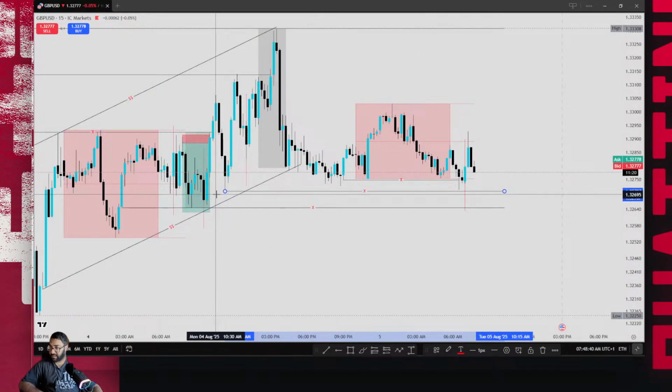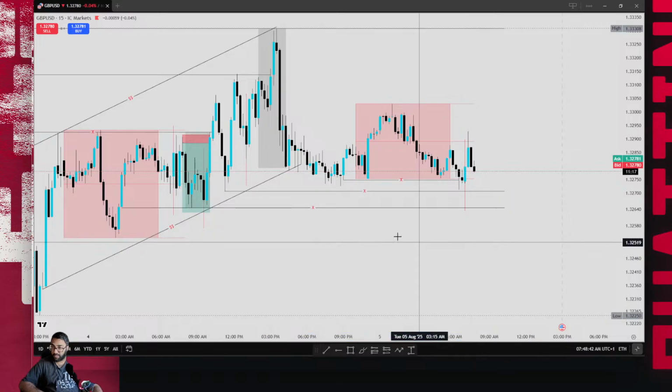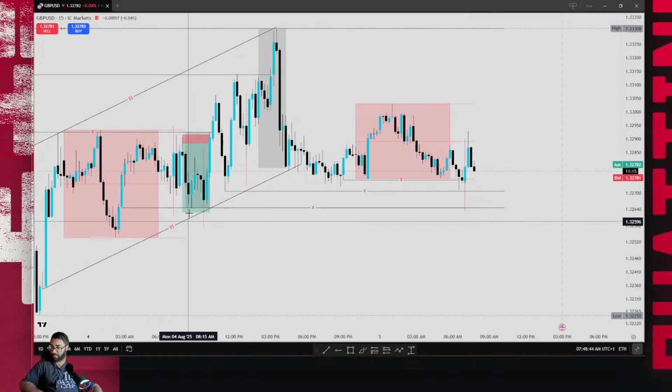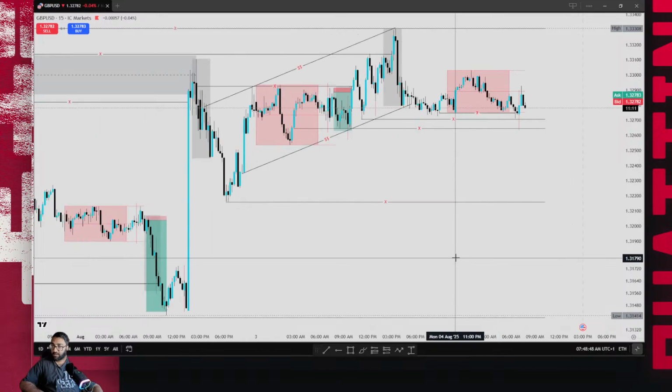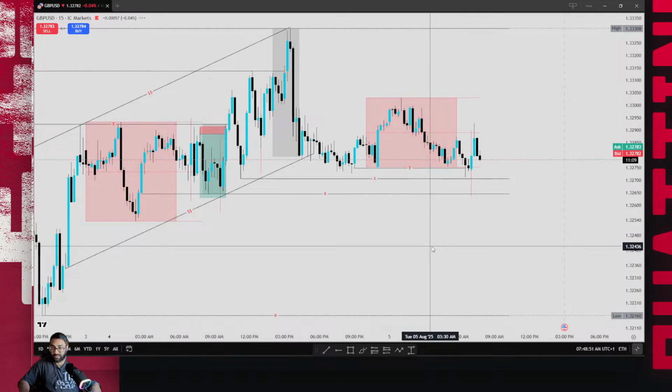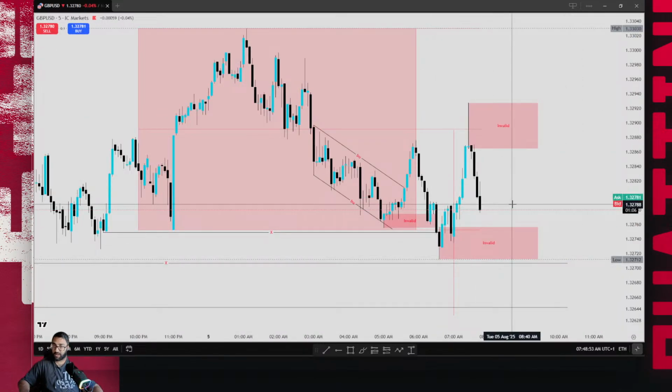So that would make sense. 1 low, 2 low, 3 low on the M15. Then you got 1 low here, 2 low here, 3 low here. And we are looking to short GU anyway, so I think shorts look better.